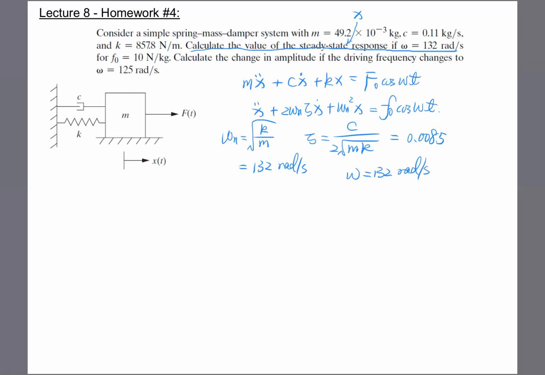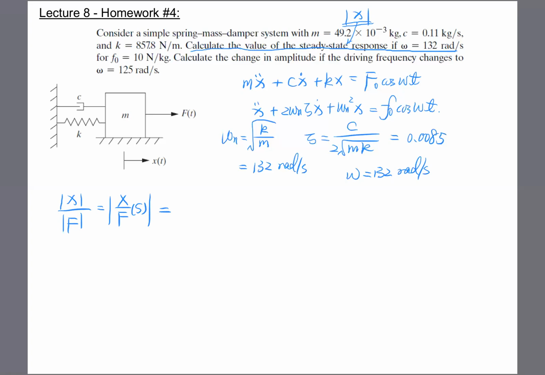So we need to calculate what that X amplitude is. So we need to find the transfer function amplitude.